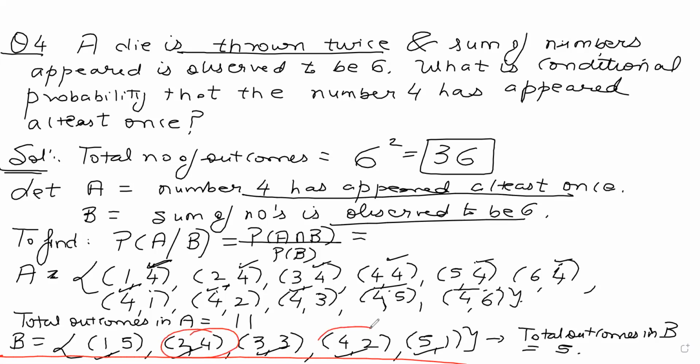How many possibilities? Only 2. In these two possibilities, you can see 4 has come at least once and the sum is 6. So probability of A intersection B is 2 divided by total number of outcomes 36, divided by probability of B. Now how many outcomes in B? 5 divided by total number of outcomes 36.